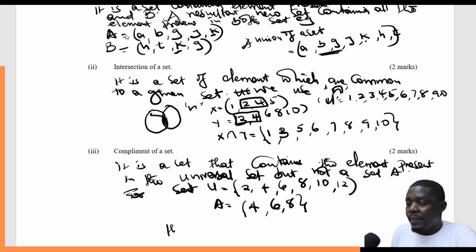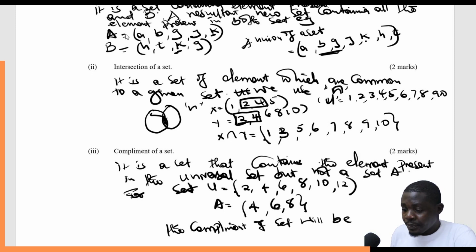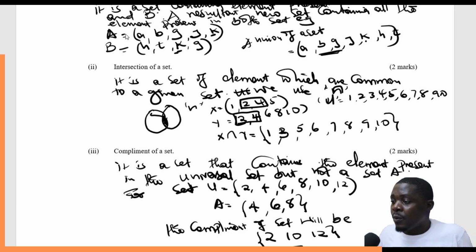And then the complement of a set will be 2, 10, 12. Meaning this one and this one are appearing there, but in the complement, we are not indicating what is in a particular set.